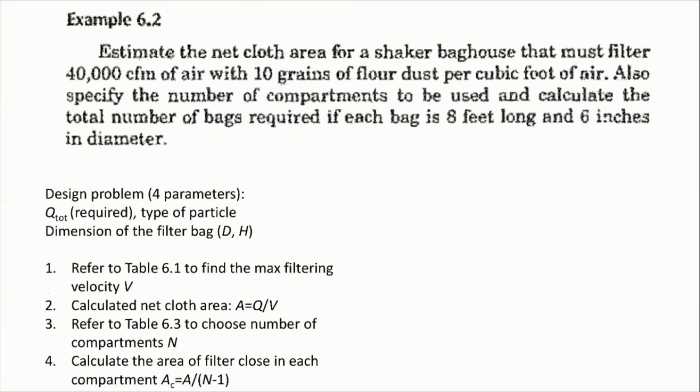So here I'm giving an example from the textbook. This is example 6.2. It wants us to estimate the net cloth area for a shaker baghouse that must filter this flow rate of air with 10 grams of flour dust. The 10 grams is just a unit of concentration.